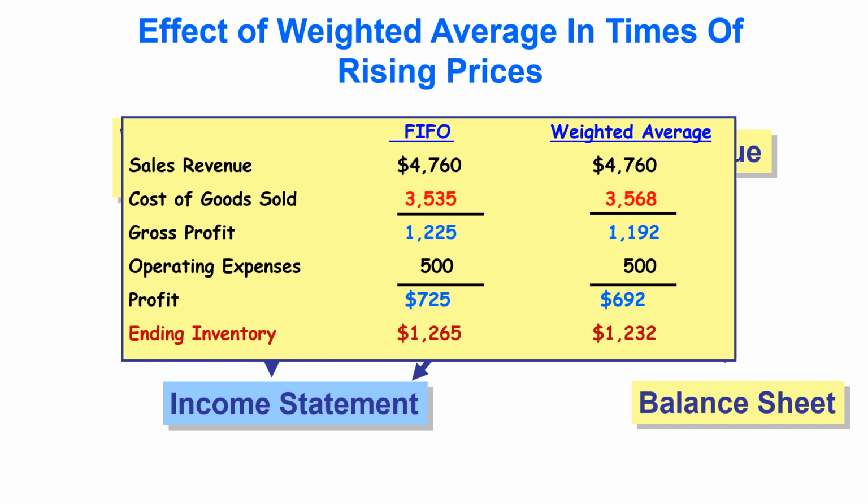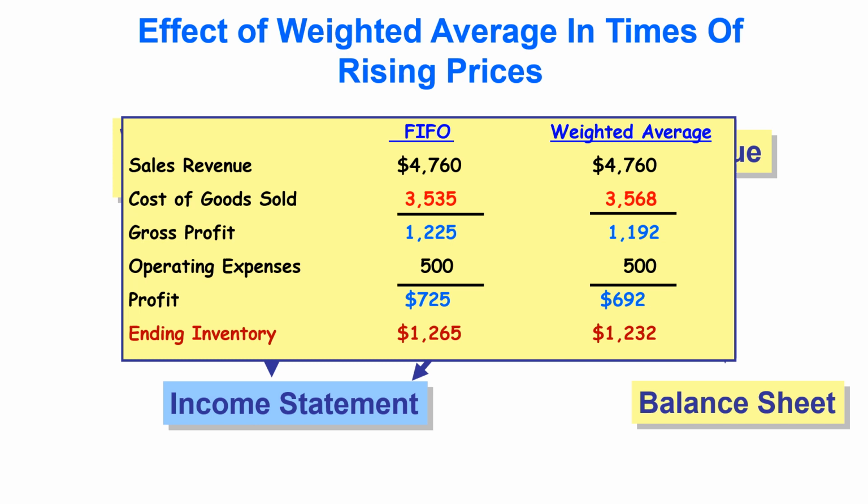Operating expenses are the same in both cases, 500, 500. The net profit under FIFO is $725, and the net profit under average is $692. So the impact on the income statement is higher cost of goods sold under weighted average and lower profits under weighted average compared to FIFO.